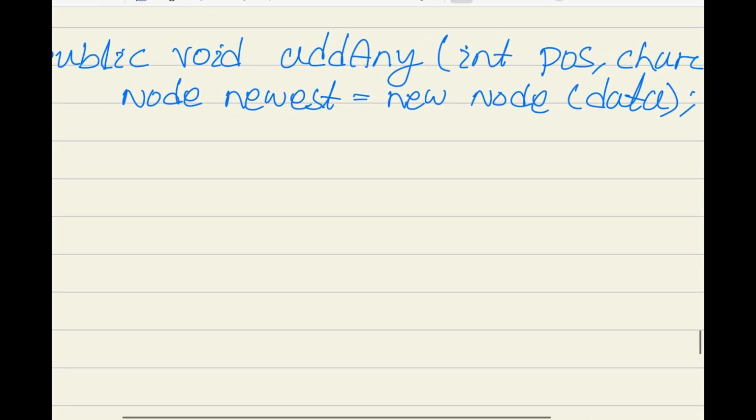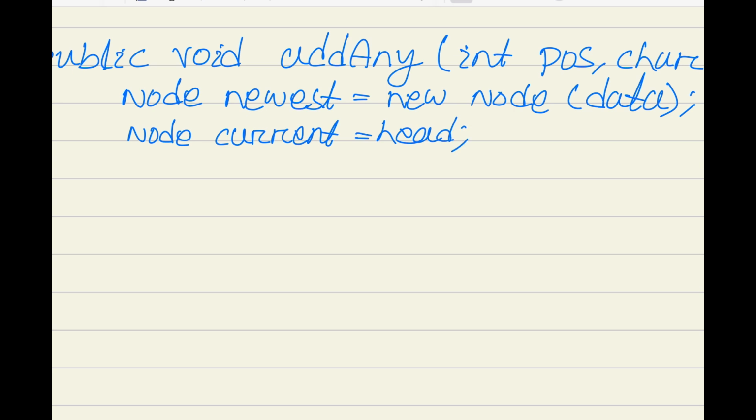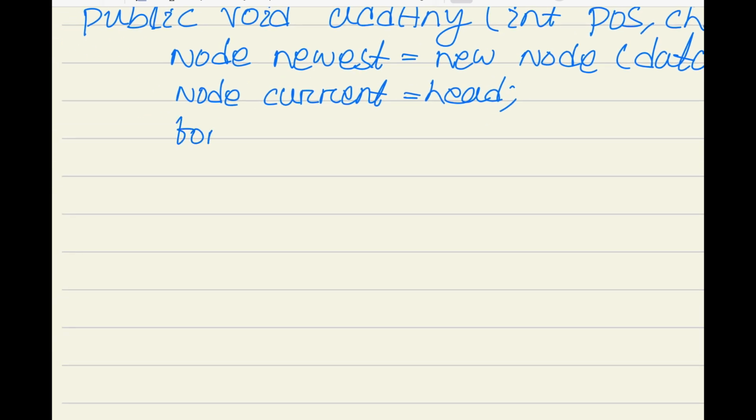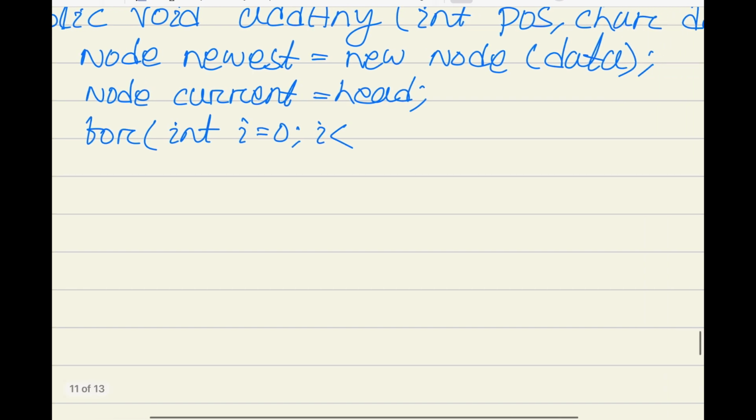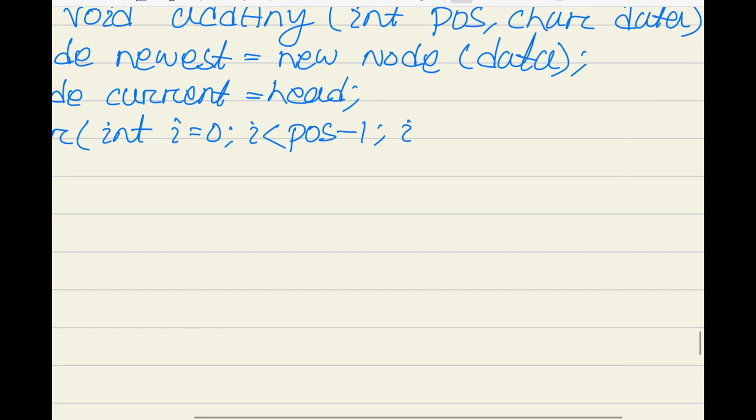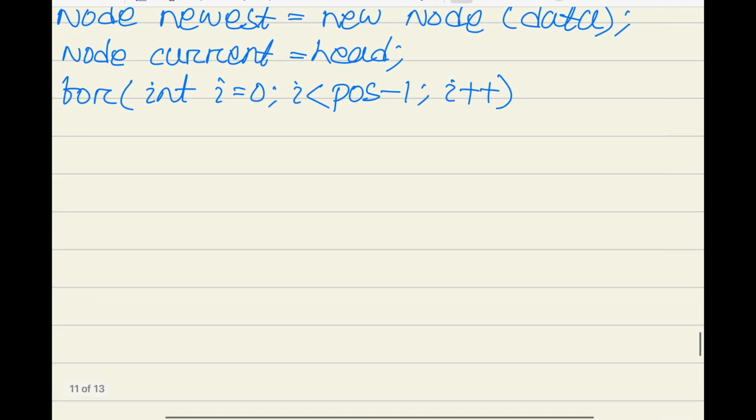Then take the reference current, and initially current refers to head. Now use a loop. So for int i equal to 0, i less than position - 1, i plus plus.